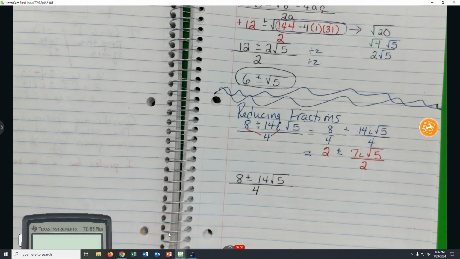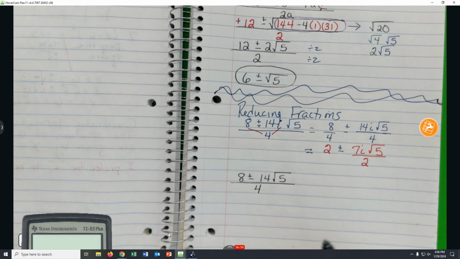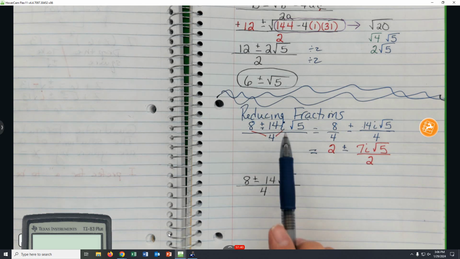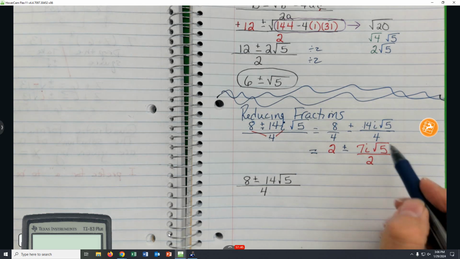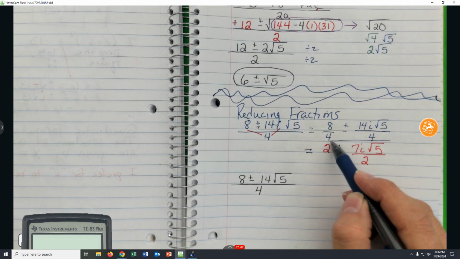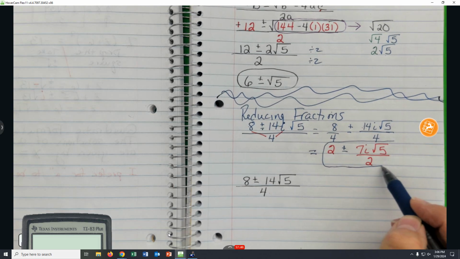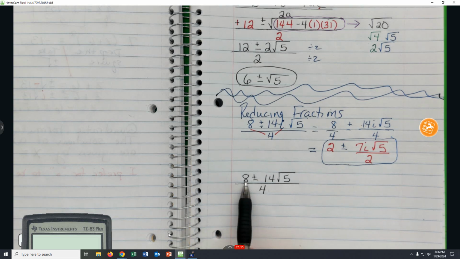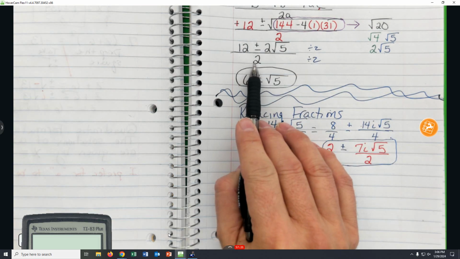If when you're using the quadratic formula, you wind up with an i in your answer, to reduce it, you've got to break it up like this. Now, if there isn't an i in your answer, then I'd simplify it the way I did up here.